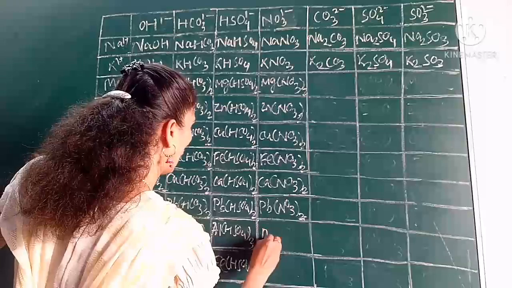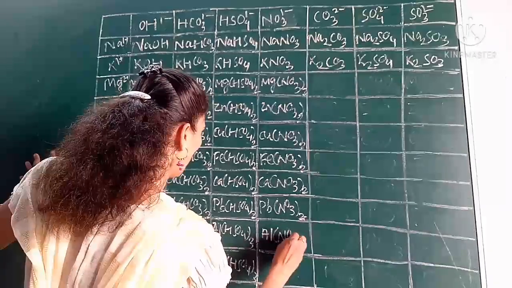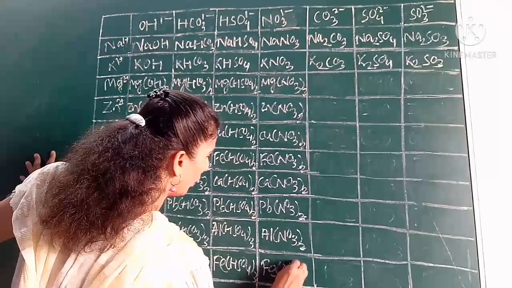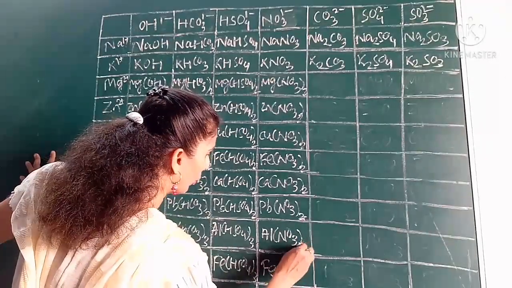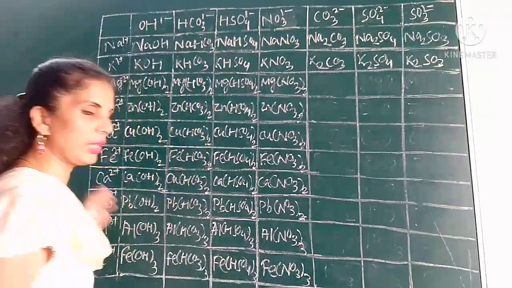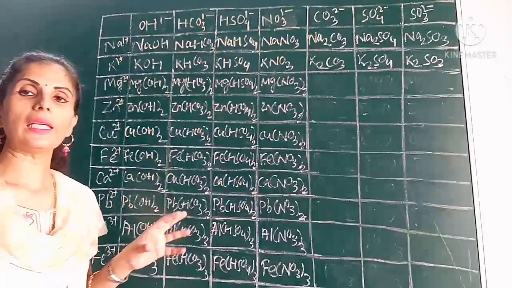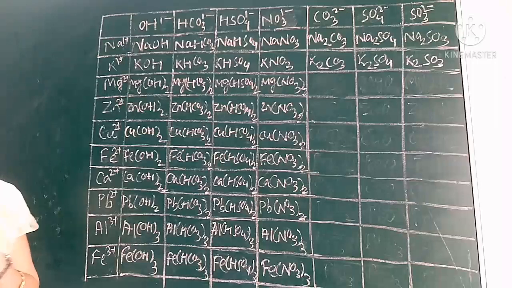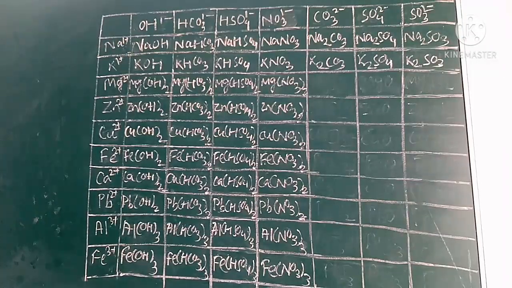Pb(NO3)2. Al(NO3)3. Fe(NO3)3. So like this, you can complete other tables also by putting the 2 minus valencies.